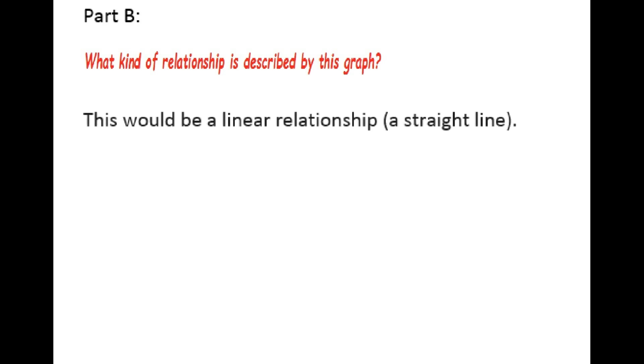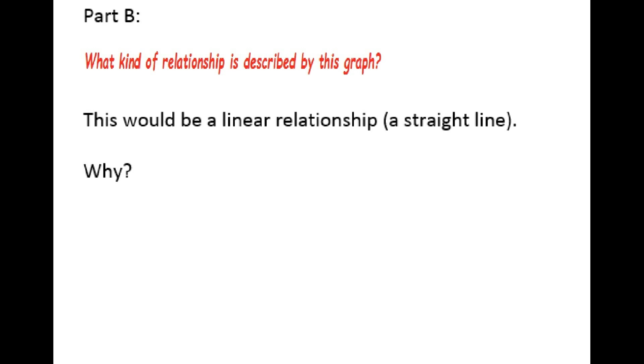Now, if we go to part B, if we were to predict the way this graph looks, is it a curved graph? Is it a straight line? What kind of relationship do we have? That's a linear relationship, and all that is academic speak for a straight line. Why is that?